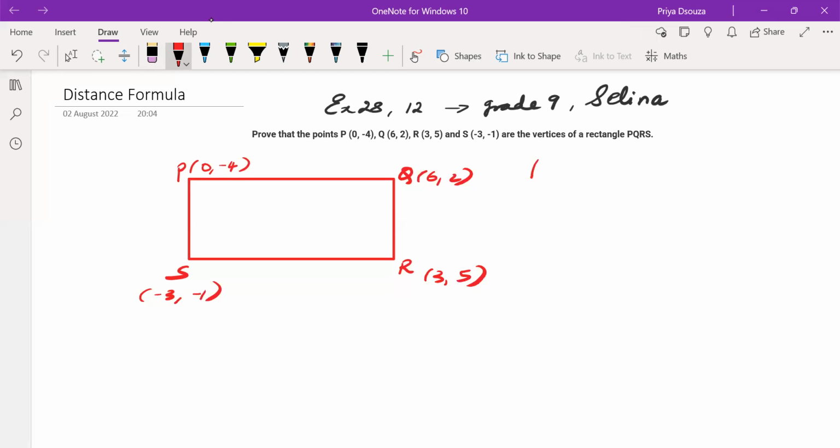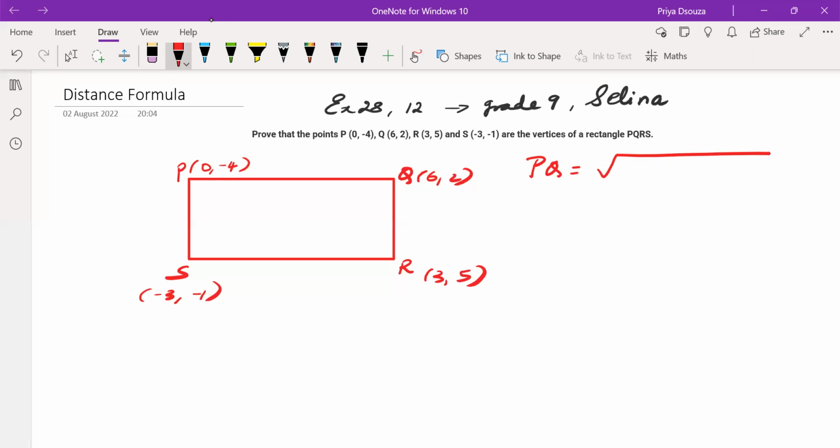So let me find out distance PQ. What is PQ? It will be the square root of, applying the distance formula, (x2 minus x1) the whole square plus (y2 minus y1) the whole square. It's left up to you. You can take P as (x1, y1) and Q as (x2, y2) or the other way around.